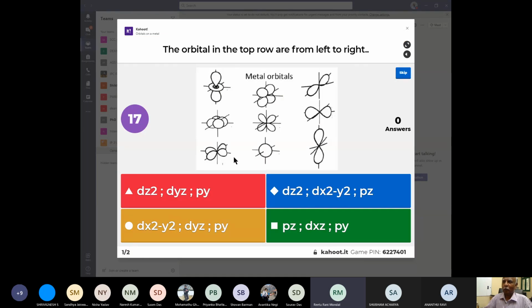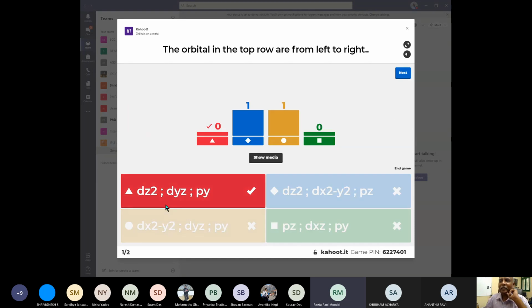Yes. Now, what do you see? You're not able to see on your screen, right? Yes, sir. The same problem is there. Okay, so I have checked it in my screen also, so I understand the problem. We are only able to see it on the shared screen that I am showing you.